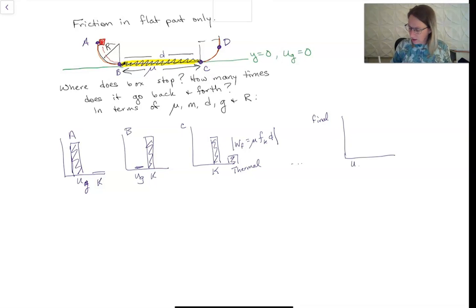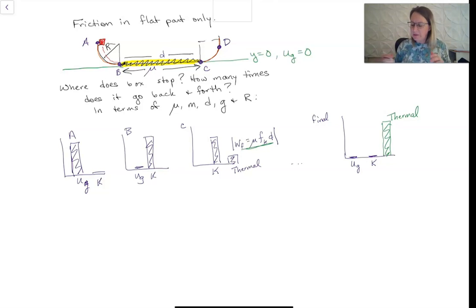So our potential energy is going to be 0. Our kinetic energy is also going to be 0. So all of our energy that we had at A is all going to be thermal. And it's going to be given by that. Well, not quite.